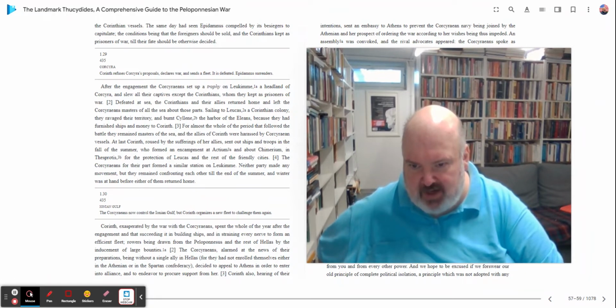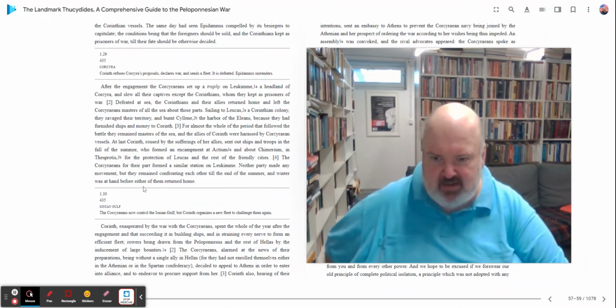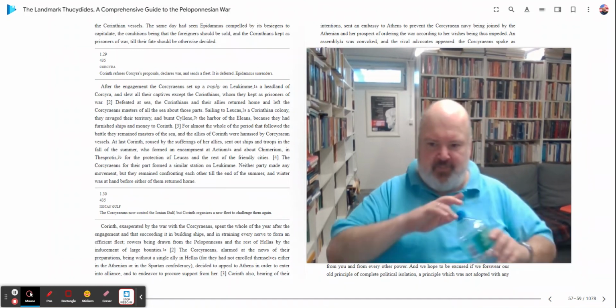The Corcyraeans, for their part, formed a similar station on Leucimme. Neither party made any movement, but they remained confronting each other till the end of the summer, and winter was at hand before either of them returned home.